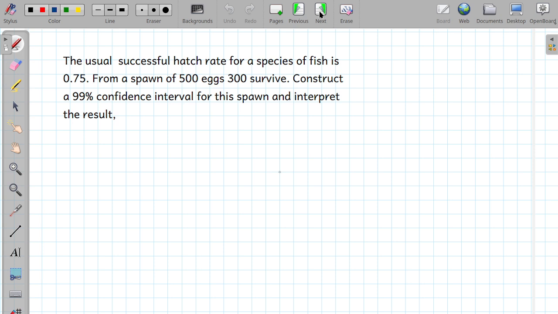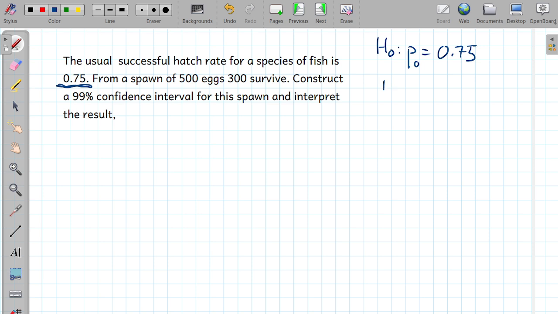We want to construct the 99% confidence interval for this spawn, and we're going to interpret the result. Well, what do we know? Well, let's go through here. This is an expected value. We can say that H null is 0.75, just like on the previous question.